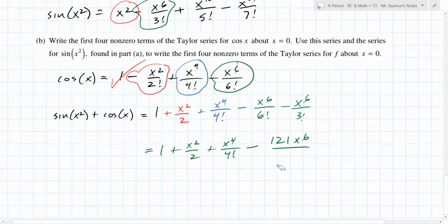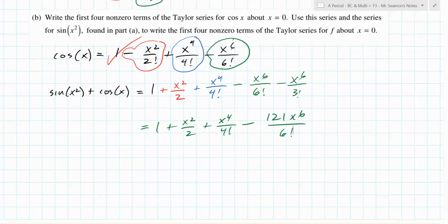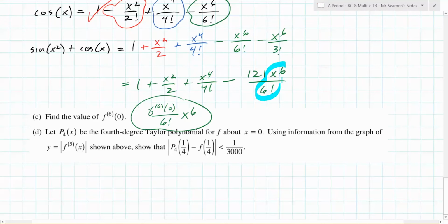But that's just 6 factorial. Nice, fantastic, you did that nicely. I see this right here, and I see this right there. So what's left? Negative 121. Does everybody see that right there?